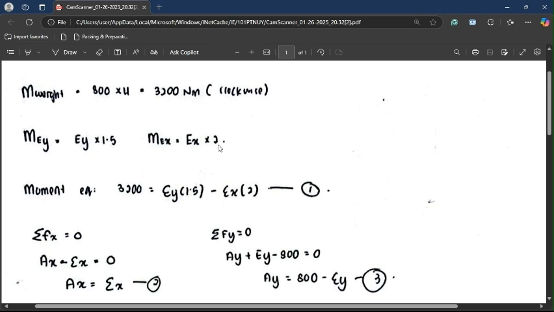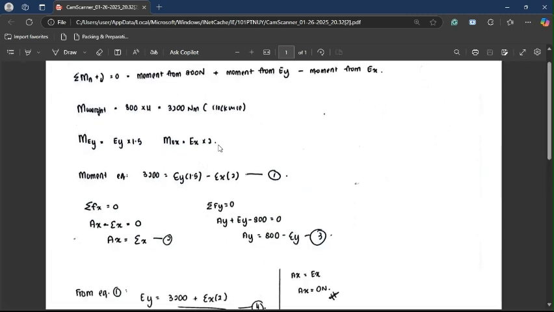Because the horizontal force Ex creates a clockwise moment at A with a lever arm of 2 meters. The moment equation I created is 3200 equals Ey times 1.5 minus Ex times 2. Combining these equations, I got a new equation that I label as 1.